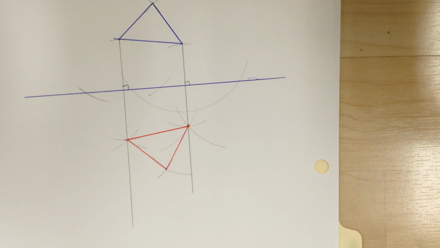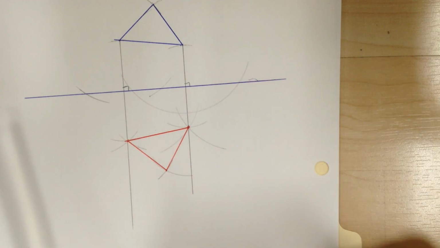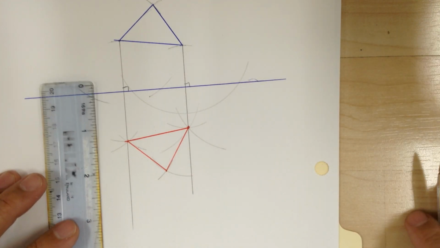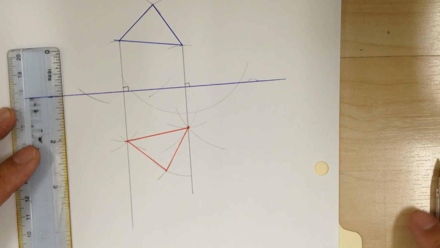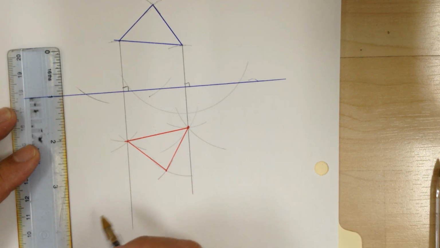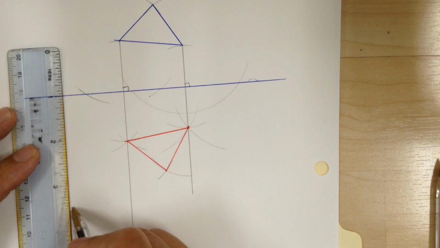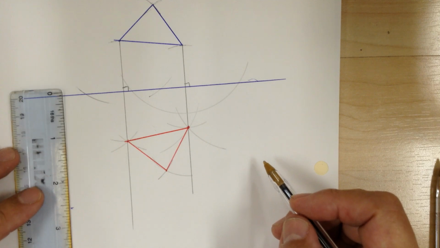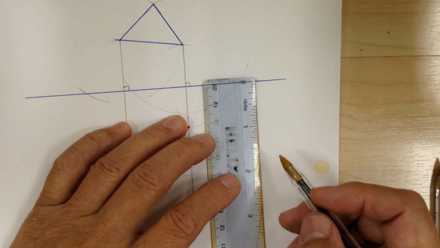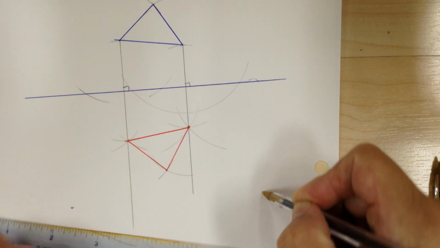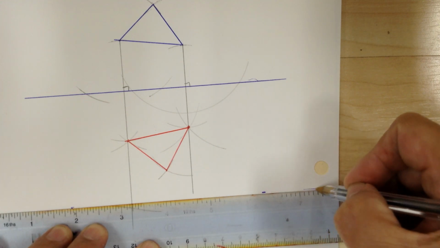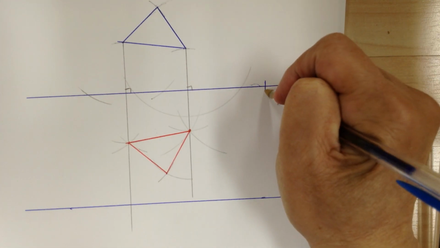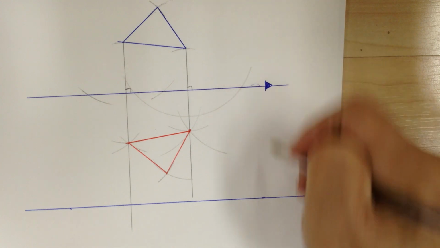Now, when you're doing a reflection, that's what happens if you reflect over one line. Let's say you have another line. So these are parallel lines.